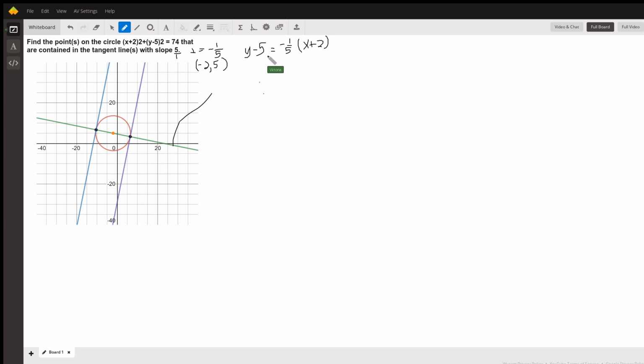Now, you can simplify this. You add 5 to both sides and distribute the minus 1/5 into both of these. So on this side, we just get y. And on this side, remember we had to add 5 over here.